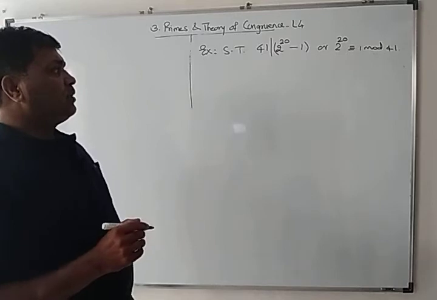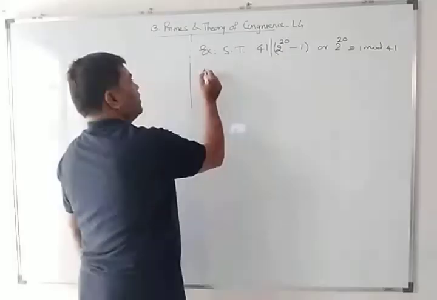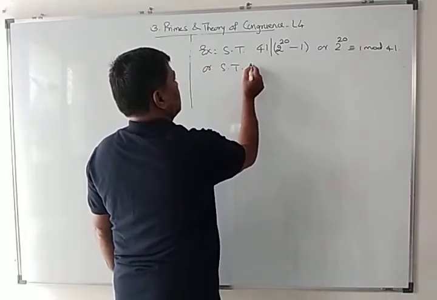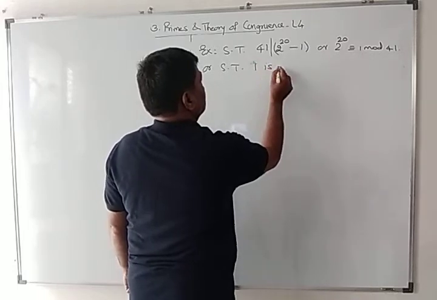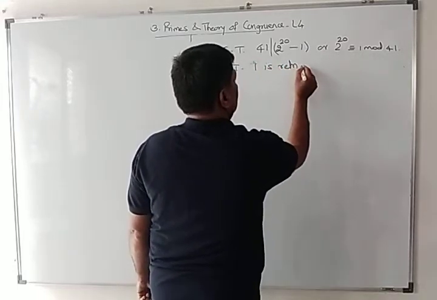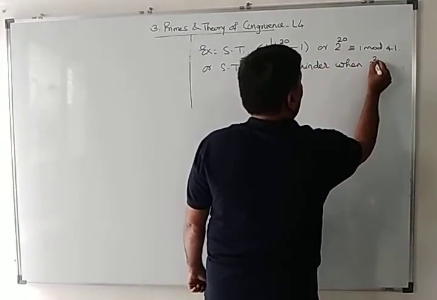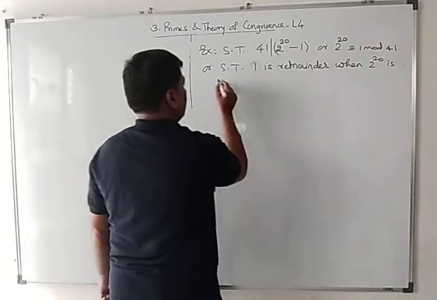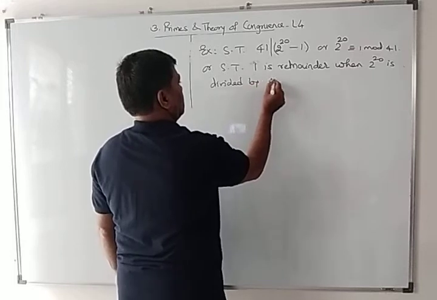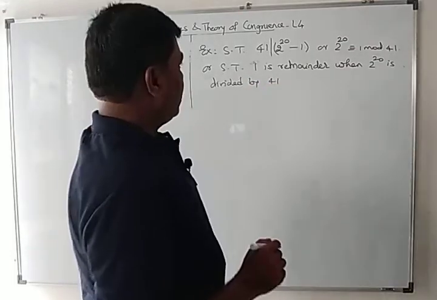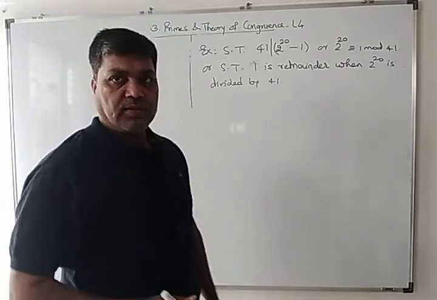So that means we find that 1 is the remainder when 2 raised to 20 is divided by 41.